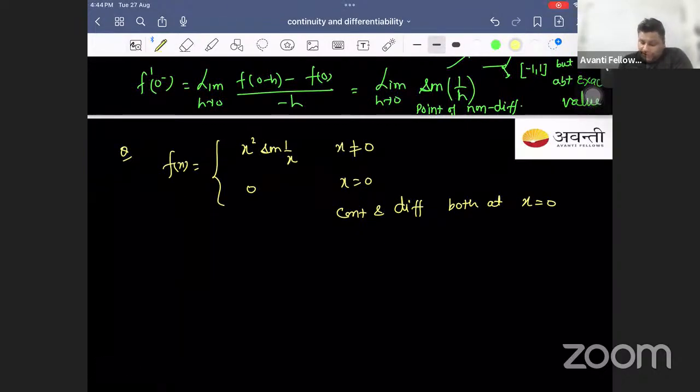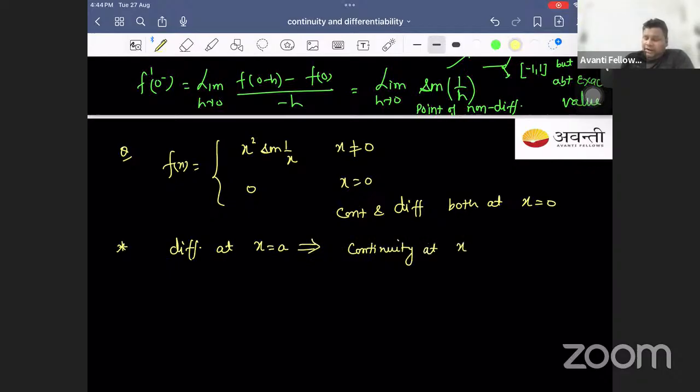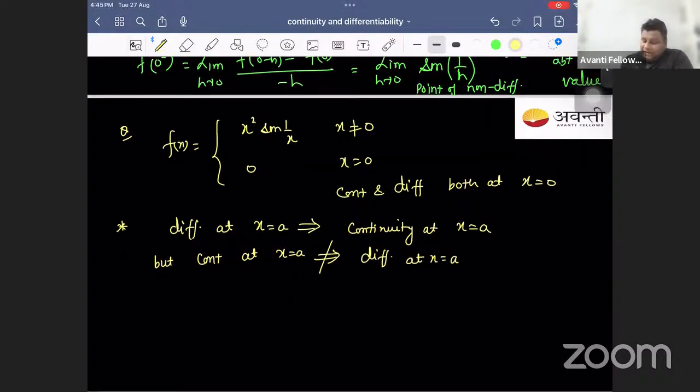Now, few points. Differentiability at x equals to a implies continuity at x equals to a. We have just done it, but continuity at x equals to a does not imply differentiability at x equals to a. Am I clear? Next point.